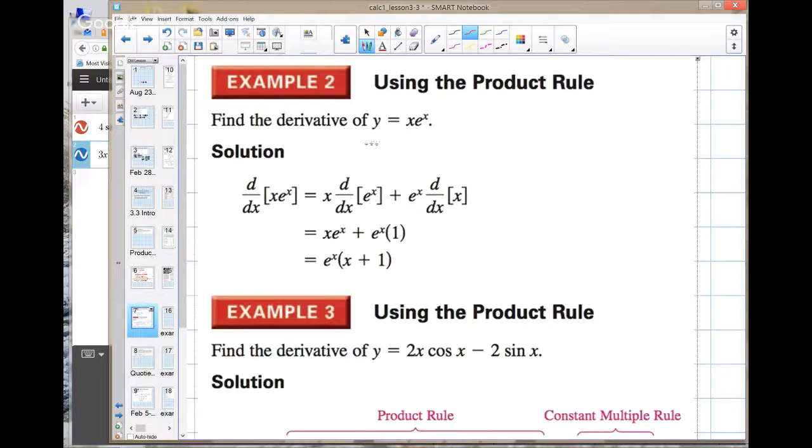x times e to the x, that's a product. Well, why can't we just multiply them out? Well, you can't. There's nothing you can do to simplify that, is there? So we have no choice because we have two things being multiplied. By the way, what if the function had been y equals 2 e to the x?